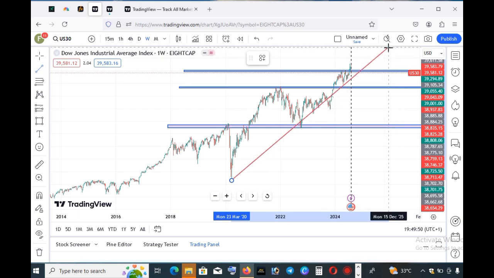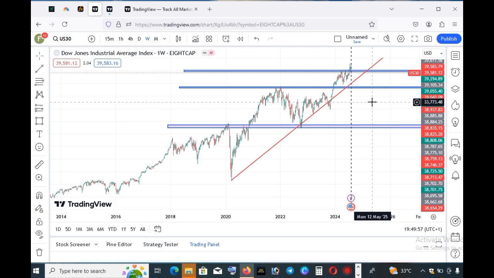If you go, you see something like this: first touch, second touch, breakout. So you're expecting another touch around this zone.